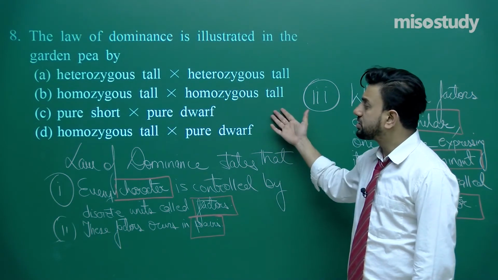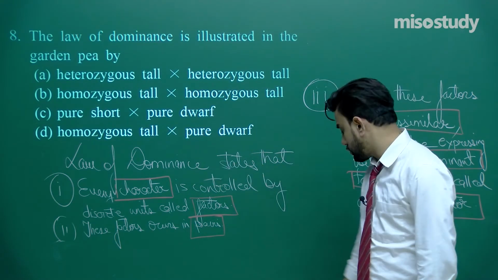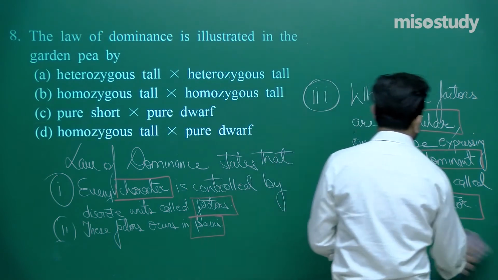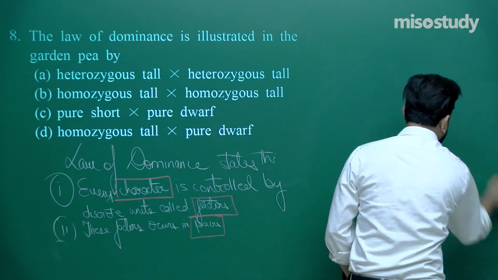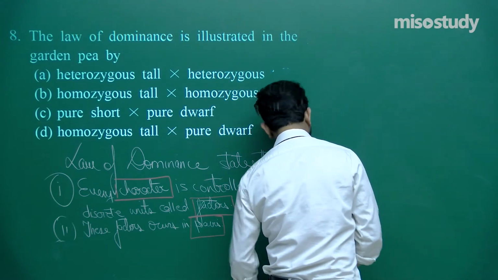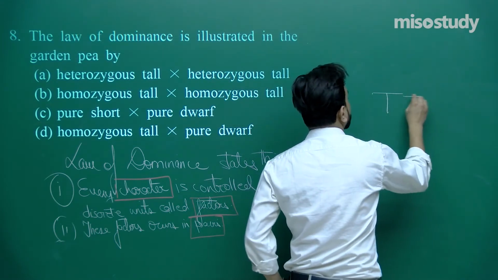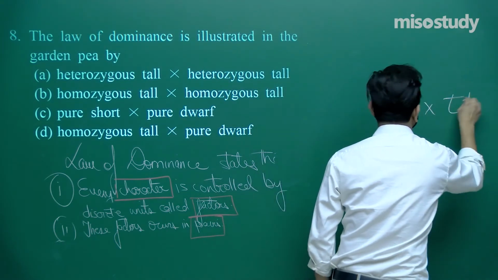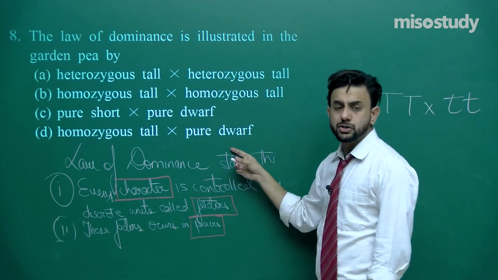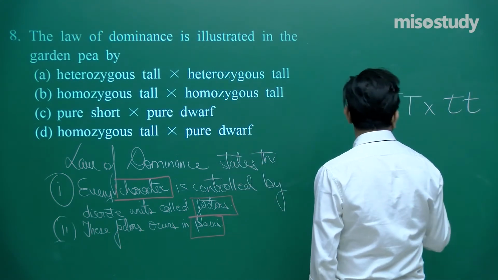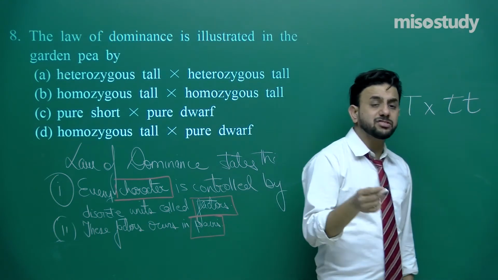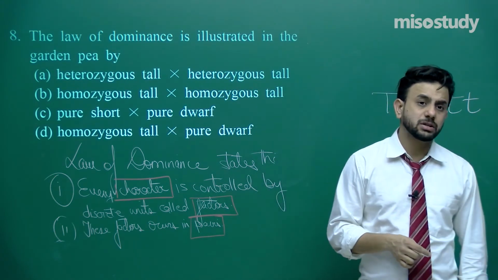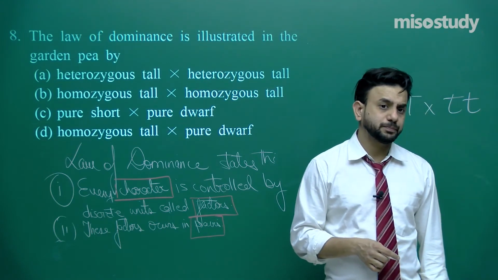So what was done? A homozygous tall condition into a homozygous, pure dwarf condition was taken, and then further crosses were made, as we did in the last question.